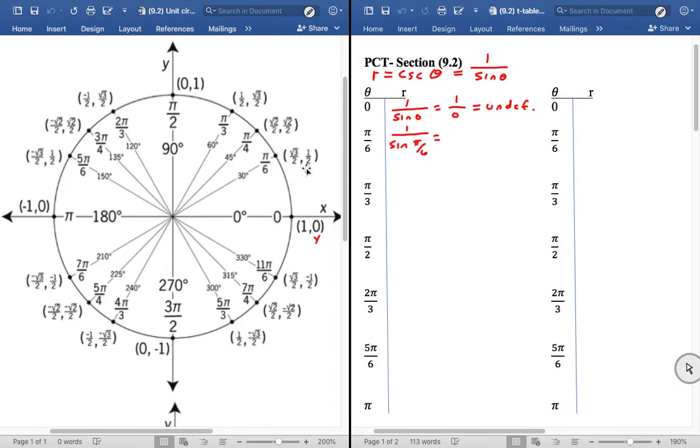Is it 1 over 2? That is Q Cowie, everybody. He's a legend. And so we have 1 over 1/2, which is basically just 2. Multiplied by the reciprocal. And so you're going to plot 2, comma, pi over 6.